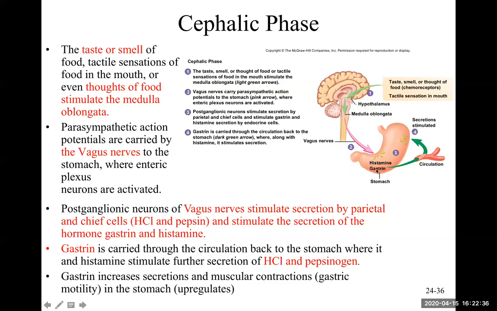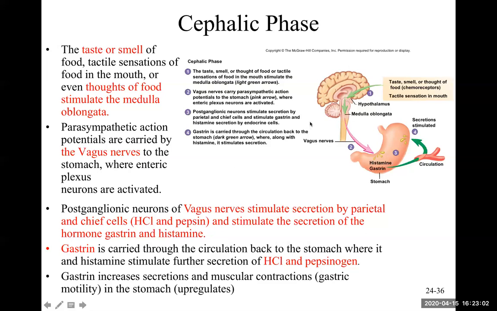And then the vagus nerve starts activating the stomach, and you have increased secretions in the stomach. It prepares the stomach to accept the food. It upregulates it. So by the time the food actually gets into the stomach, it already has a lot of secretions. The stomach muscles are ready to go, ready to contract.